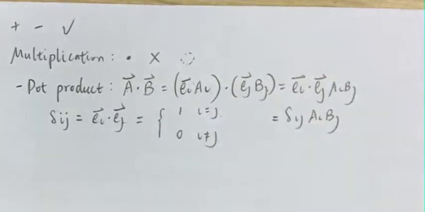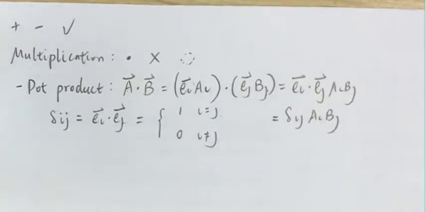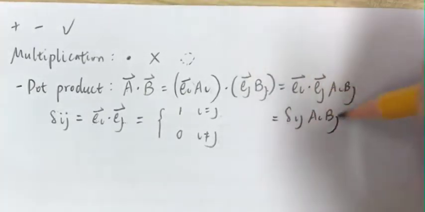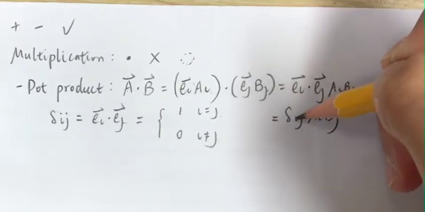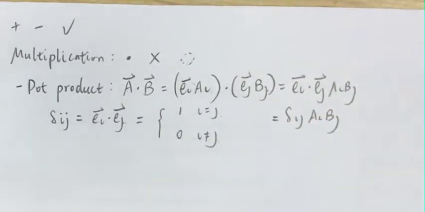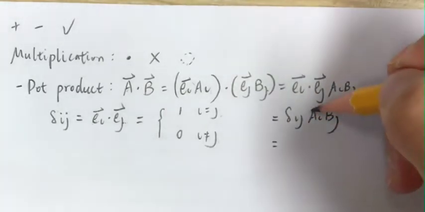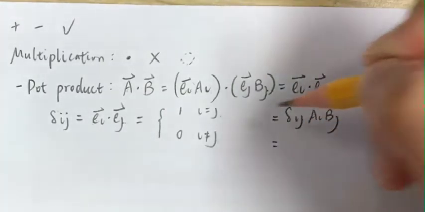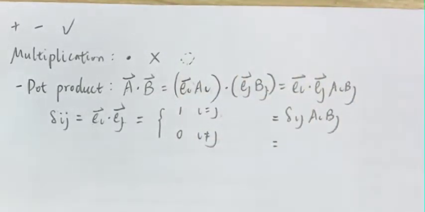Ai Bj, right? So what's our next step? This thing will not always give us a contribution, right? Only when i equals j can this thing give us a contribution. So we only need to consider when i equals j. So when i equals j, then j equals i, and delta ij will give us 1, and the Bj here is actually Bi.